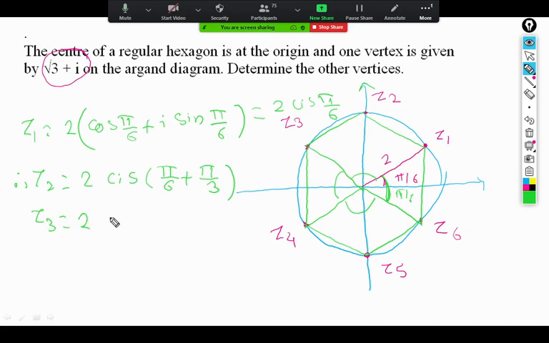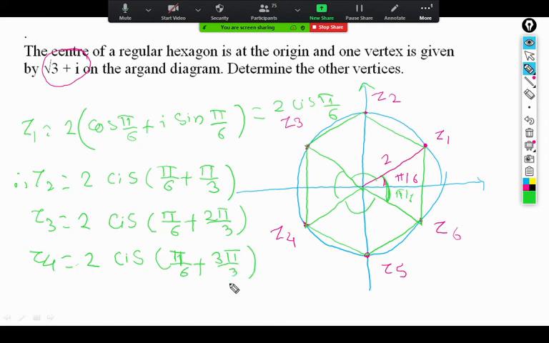Z3 is 2 times cis pi by 6 plus 2 pi by 3. Z4 is 2 times cis pi by 6 plus 3 pi by 3. Z5 is 2 times cis pi by 6 plus 4 pi by 3.